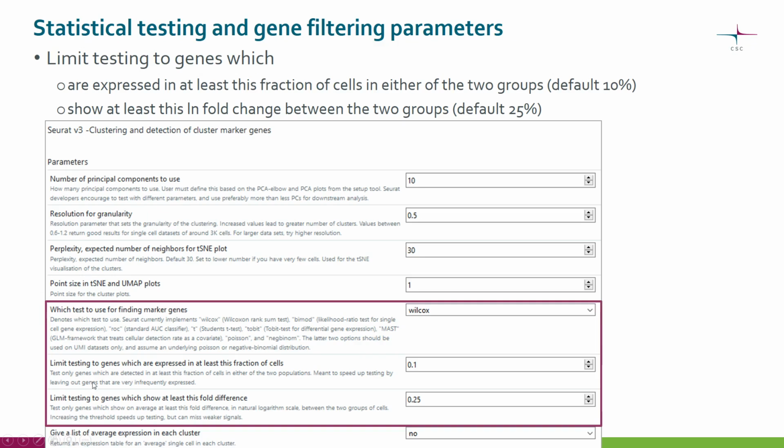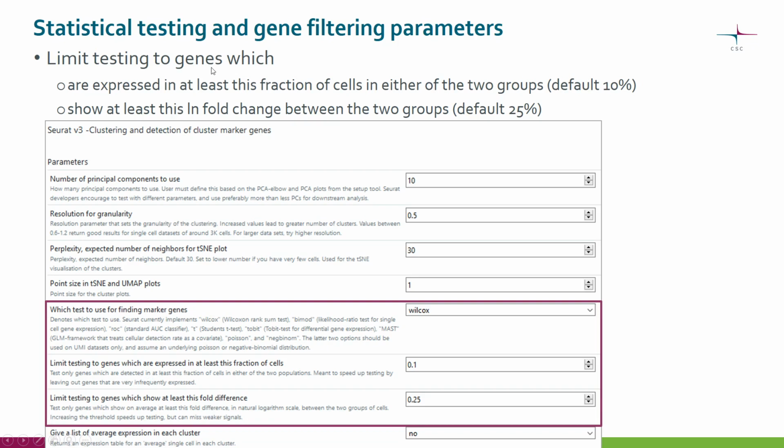So then if we look at the actual parameters, so this tool, clustering and detection of cluster marker genes, does many things, but these particular parameters here are relevant for finding the marker genes. So first of all, you have to tell which test you want to run. And then for filtering, you have these two options.